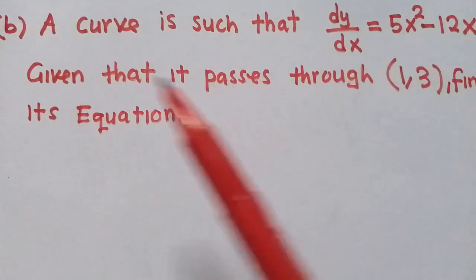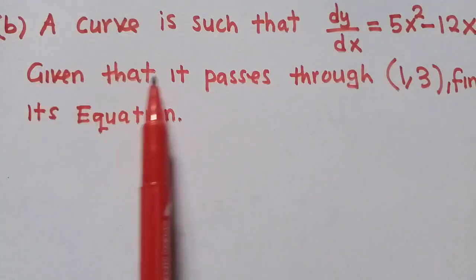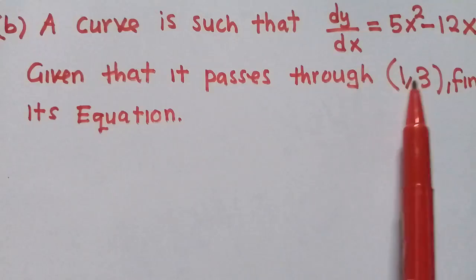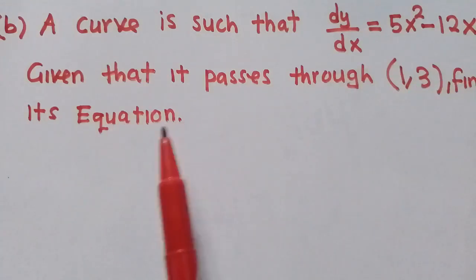This is what we are given. The question is saying, given that it passes through (1, 3), find its equation. So we want to find its equation.